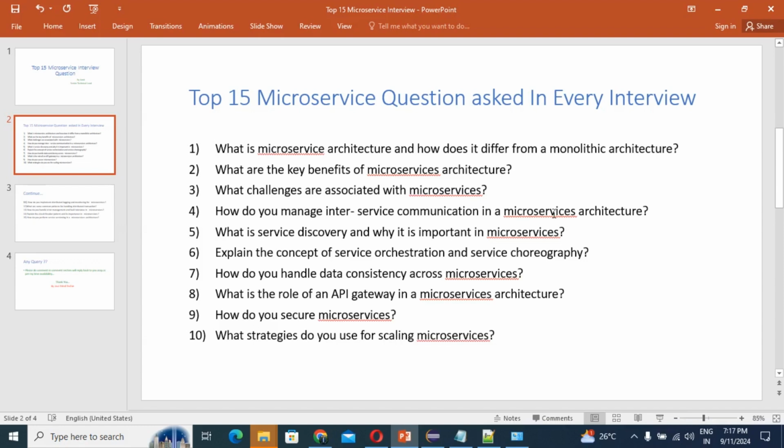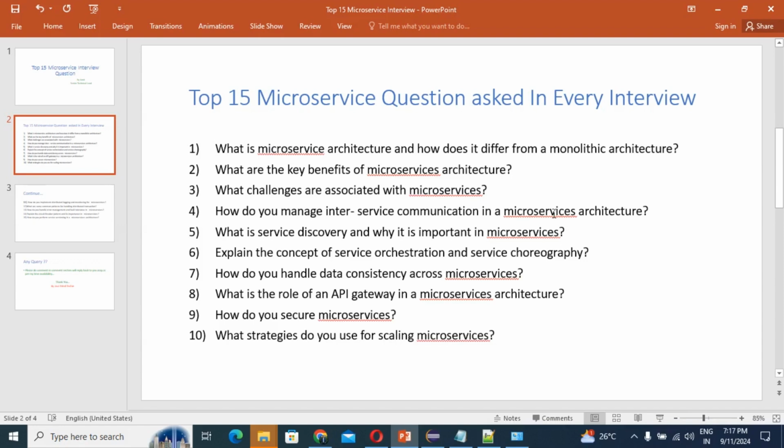It relies on each service knowing how to communicate and collaborate with others without a central coordinator. In orchestration, we have a central coordinator, but in service choreography, we work without a central coordinator. That is the main difference. So you should know the answer for this question.